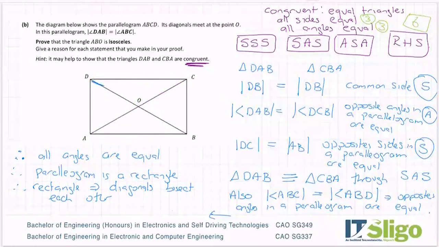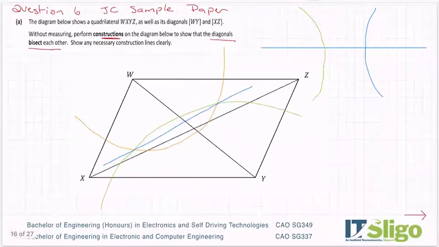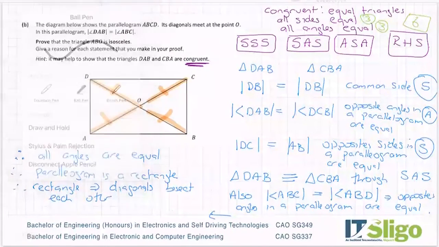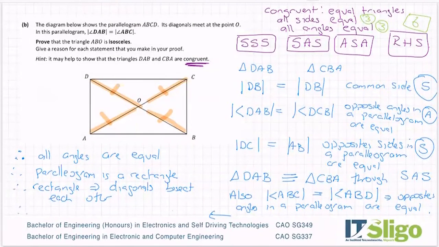Which means that, I get the highlighter, that side is the same as that side, which is the same as that length, which is the same as that length, okay? They are all equal to each other. And you'd have proven that using this construction here, that the diagonals bisect each other. Therefore, triangle ABO is isosceles.